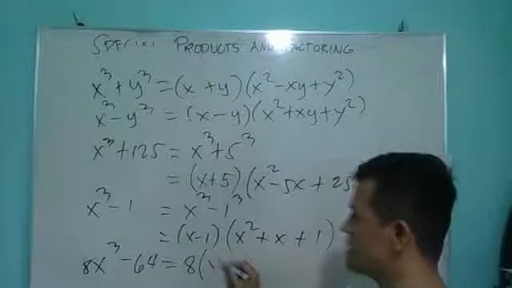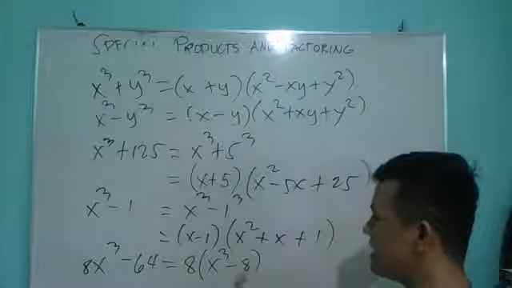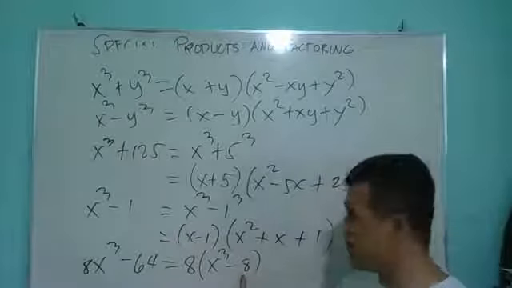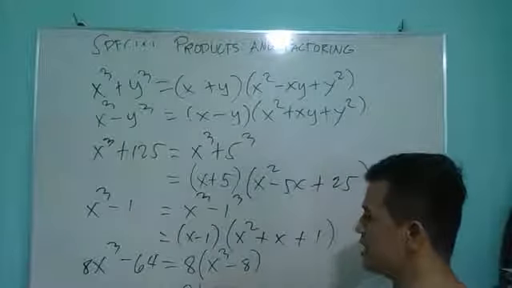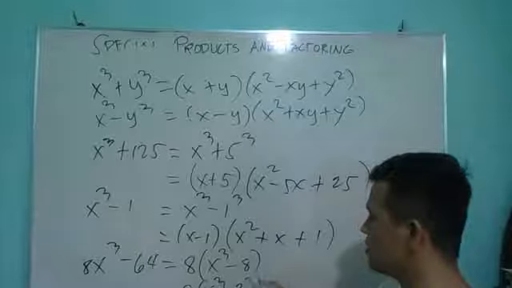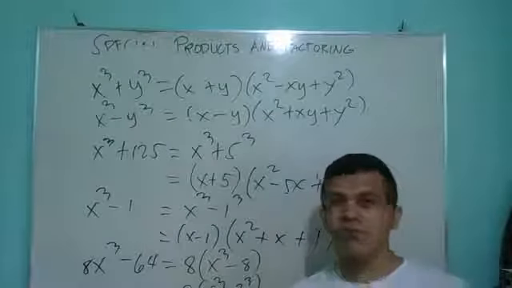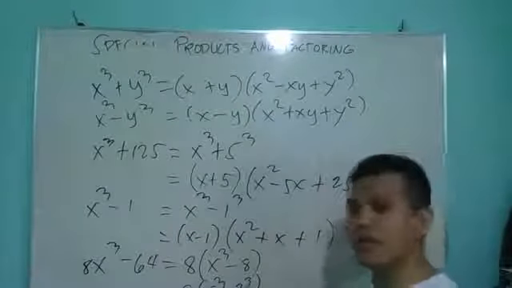We have 8 times x cubed minus 8. And in this case, 8 is not yet in cubic form, so we can say 8 times x cubed minus 2 cubed, because the cube root of 8 is 2. 2 times 2 times 2, multiplying 2 three times is 8.